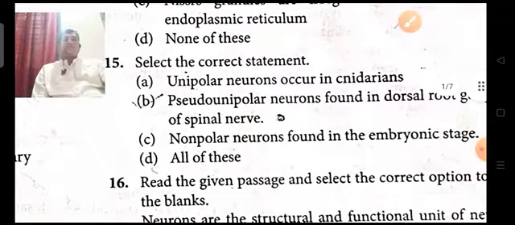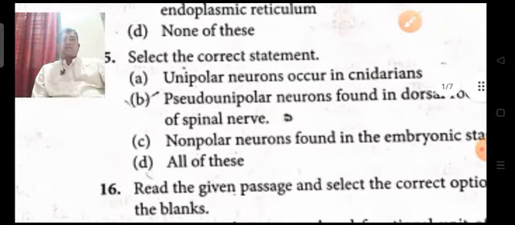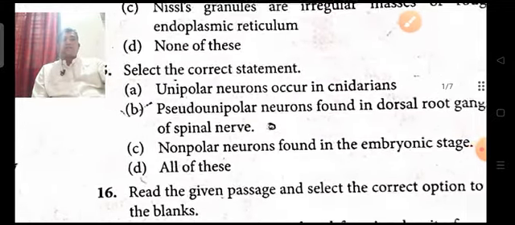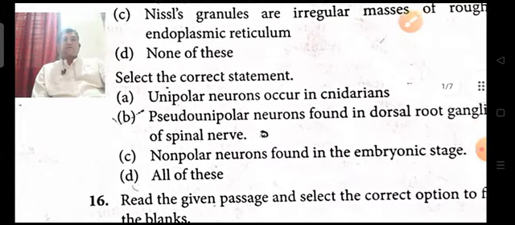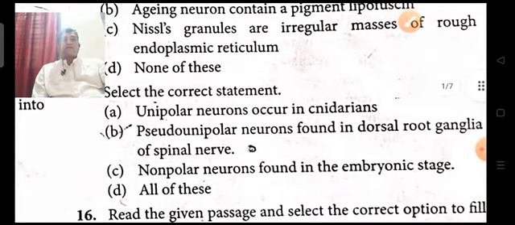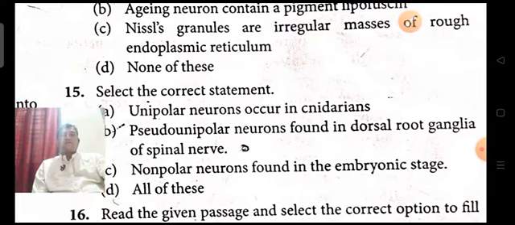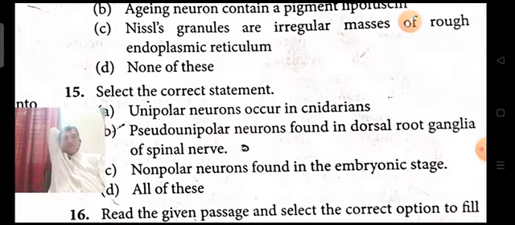Next, 15th question. Select the correct statement. So here we are seeing that unipolar neurons occur in cnidarians. Pseudo-unipolar neurons are found in the dorsal root ganglia of spinal nerve.